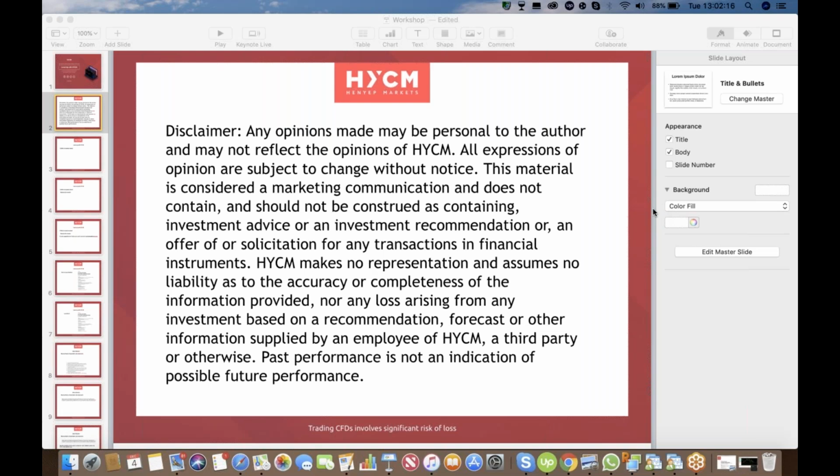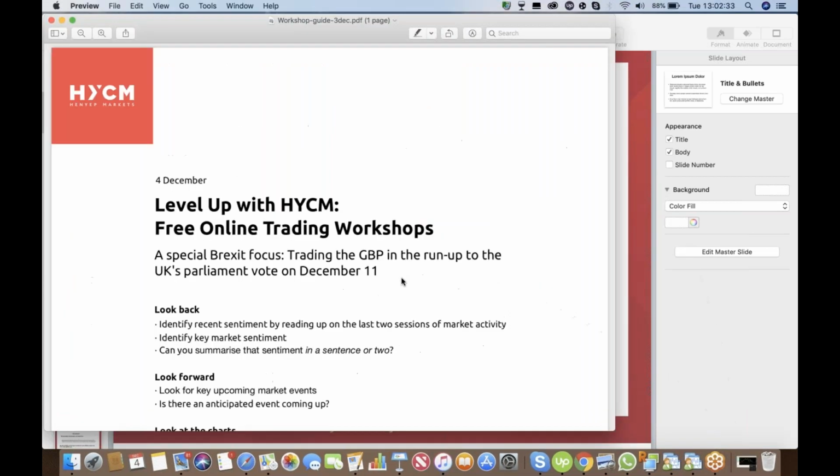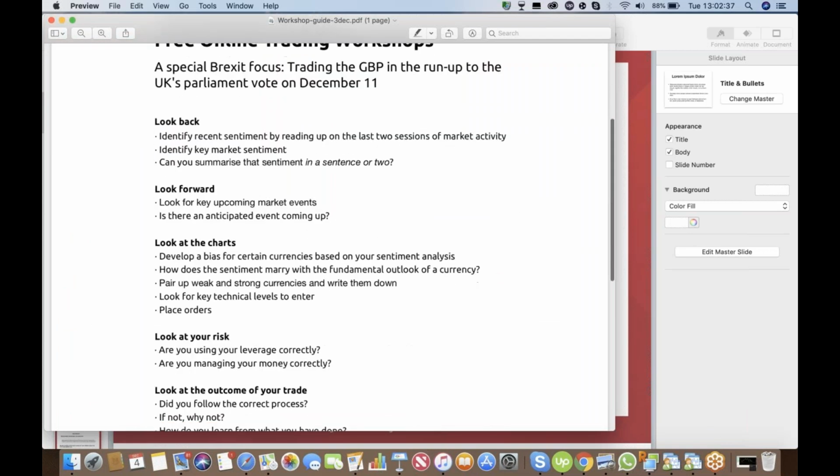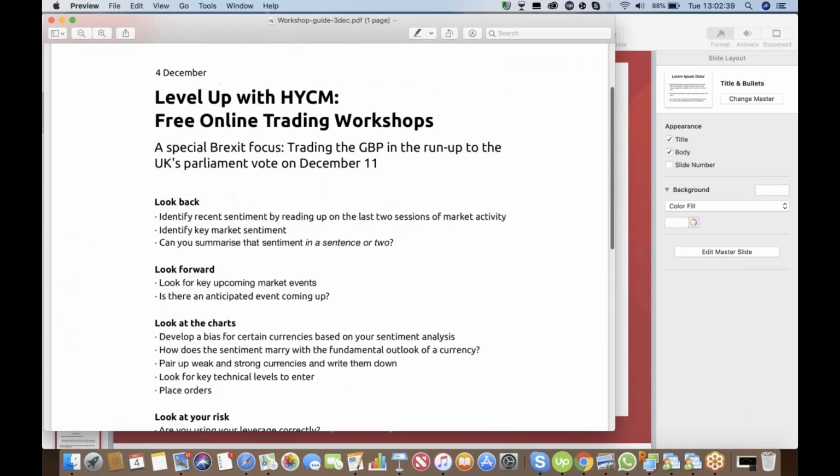If you click on that, you should see a workshop guide, entitled Workshop Guide 3rd of December. Have you all got that, guys? Can you all see that handout? Once you click on it, it should open and look a little bit like this. So that's the handout we have for this session.